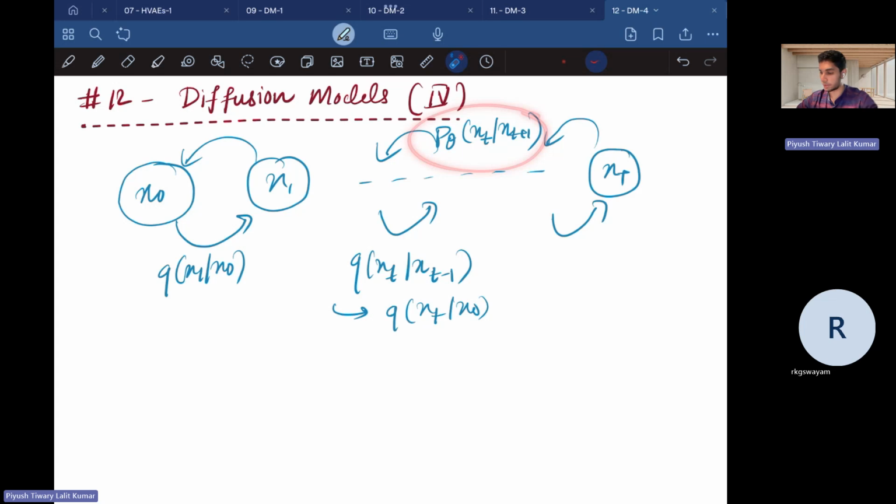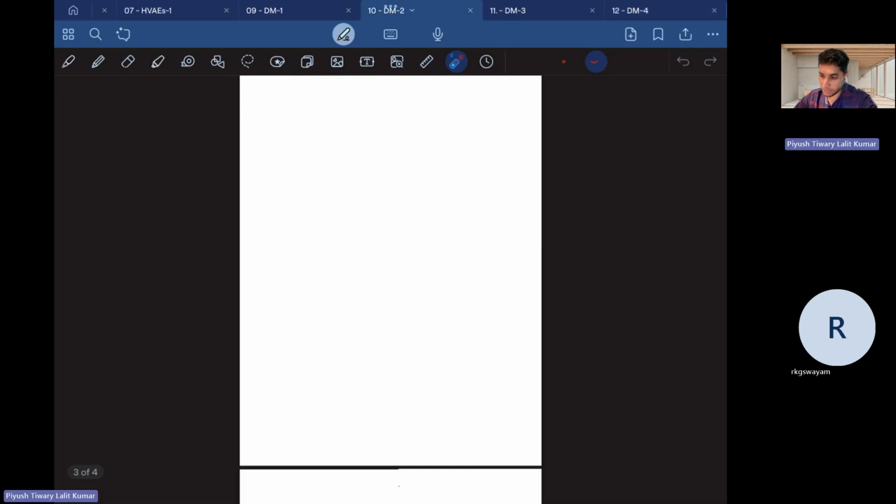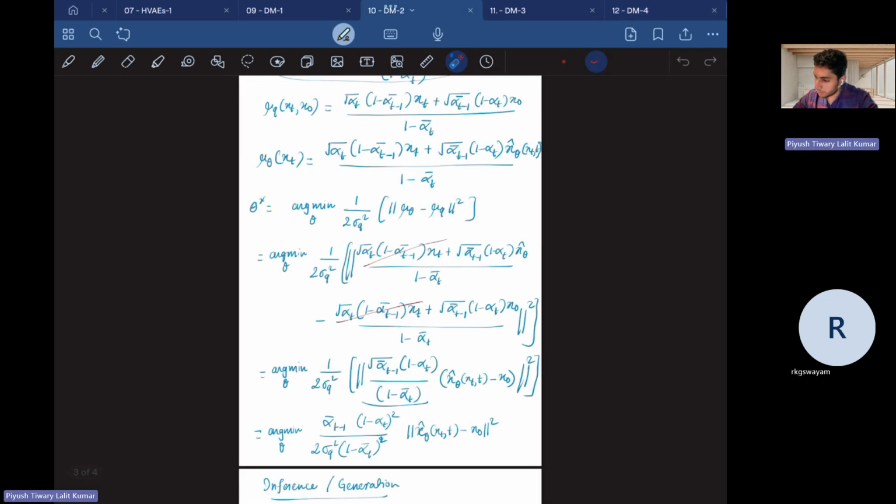Let's take a step back. We saw in the last lecture how you can learn the parameters. But where I want to go back to is this part. Without assuming what is the form of mu theta, what was the objective?